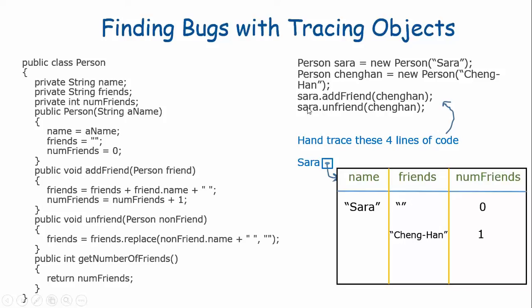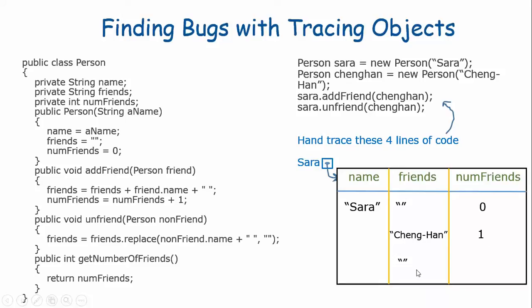Next is Sarah.unfriend Chenghan. So this unfriend is removing Chenghan from Sarah's friends list. So after this statement is done, this is what happened, and the num_friends is still 1.